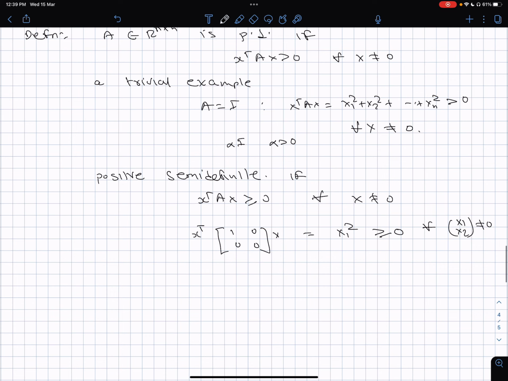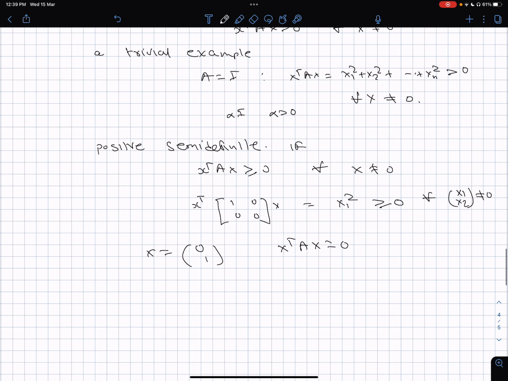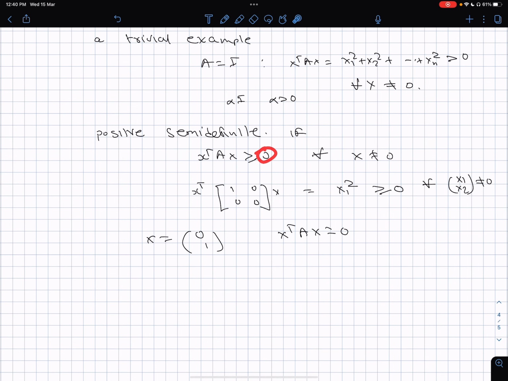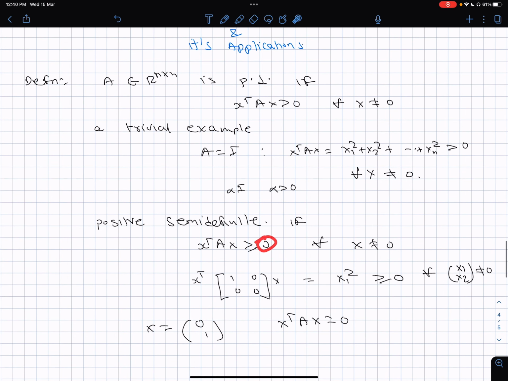But this can be 0. For example, if you take x as (0, 1), then x transpose Ax is going to be 0. So positive semi-definite matrices permit this, that they are non-negative, whereas positive definite ones are strictly positive.